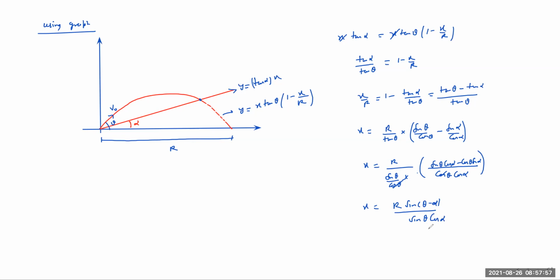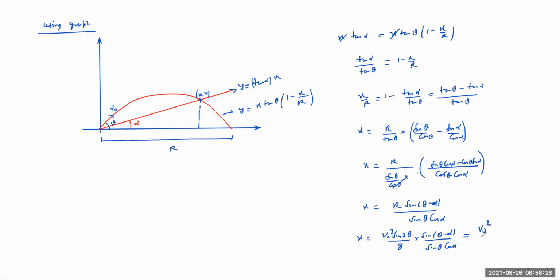Now once you get this answer, I think we know how to replace the r value, right? You're finding the intersection x, so you got this x. We know the formula for range, which is v naught square sine 2 theta by g, into sine theta minus alpha upon sine theta cos alpha, and this is exactly what we did.